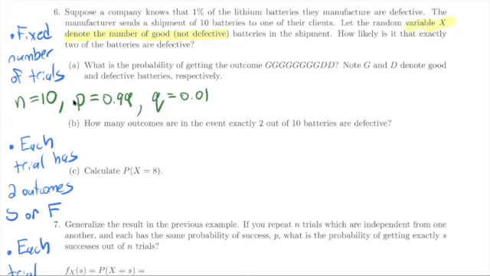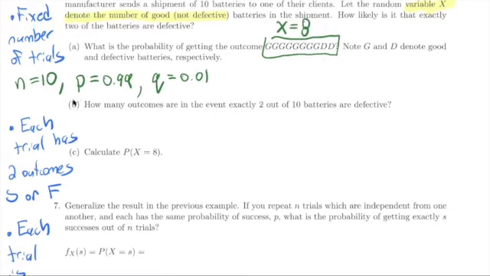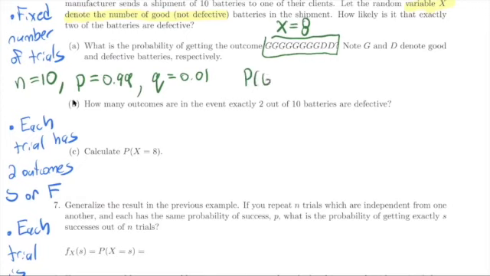And so R is going to be a really good tool to help us calculate these, but let's make sure we know what to look for in order to know what to put into R, and why R calculates things the way it does. So if you want to calculate the probability of getting this particular outcome over here, which happens to have X equal to 8 good batteries, we can use the fact that these are all independent events. So this is equal to p to the 8th times the probability of a bad battery squared.